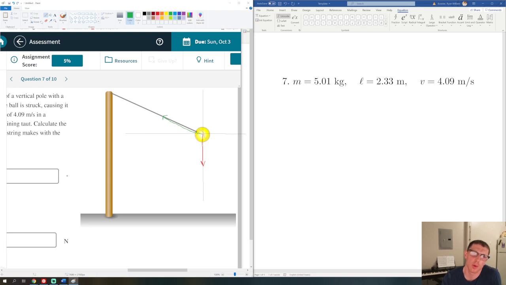Now, if what we want is to solve for this angle here, then we can just note that because of geometry, this angle is the same. And so this will be my reference angle. I'll just label these. This is T, and this is mg.